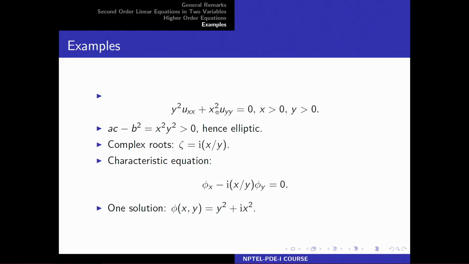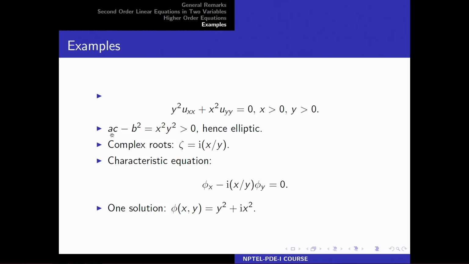So, you avoid both x axis and y axis. You consider this equation in any of the 4 quadrants, and here I am considering this equation in the first quadrant. You can also do it in the second, third, fourth quadrant.